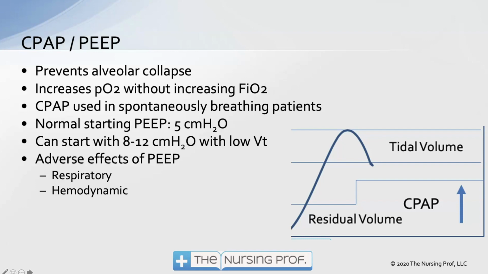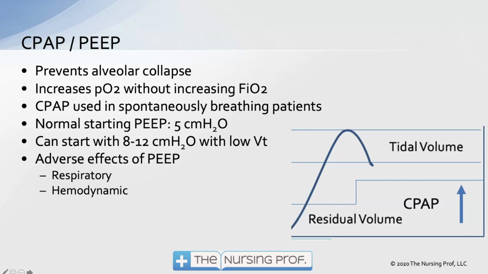So again, it's going to increase the patient's oxygenation without having to increase the FiO2. That would be nice, because if we increase FiO2, we can get to a point where we have oxygen toxicity. So maybe you've heard of that before, oxygen toxicity.